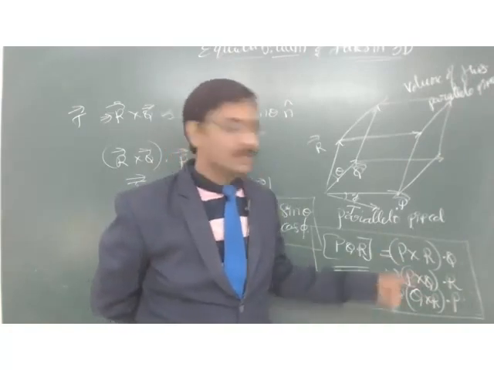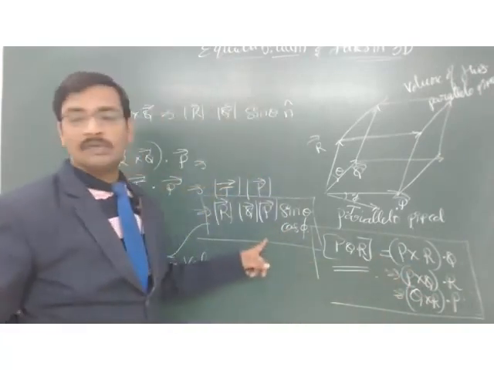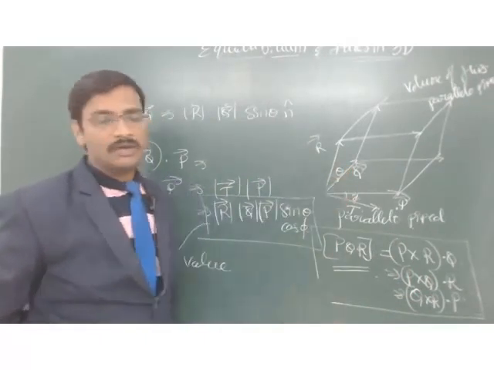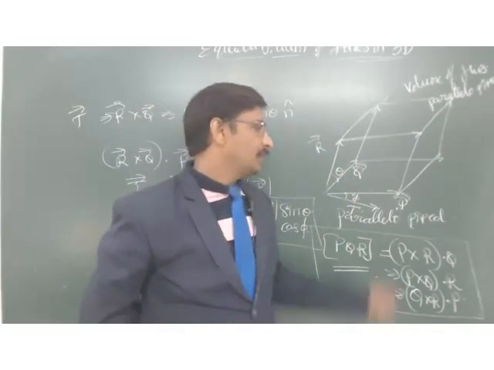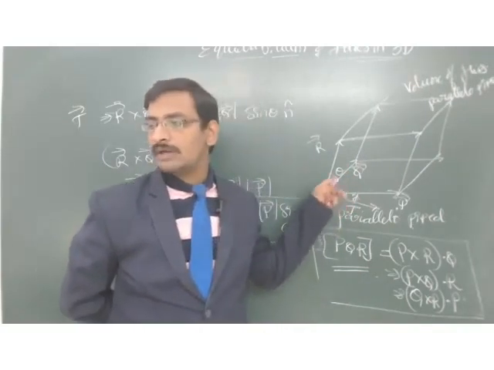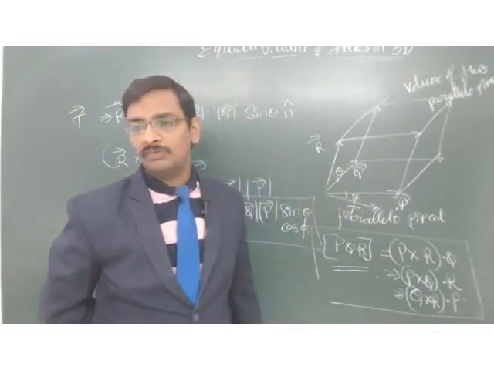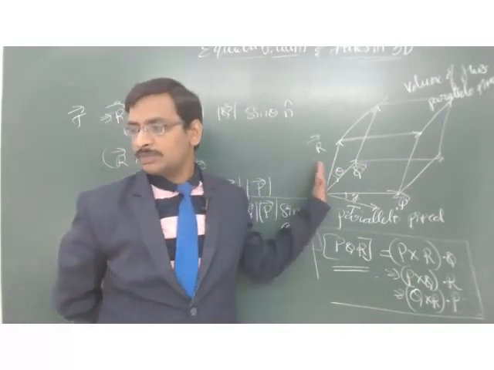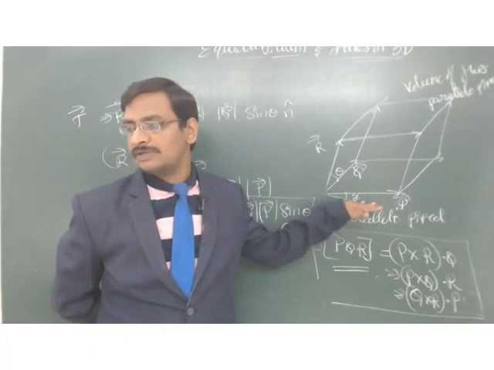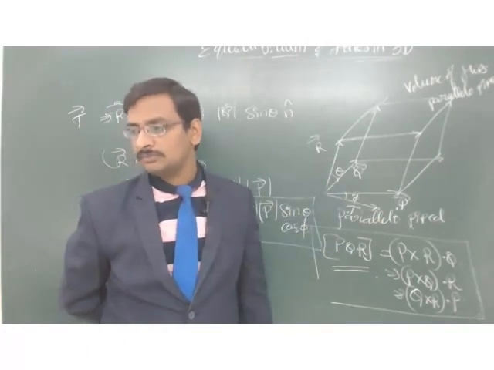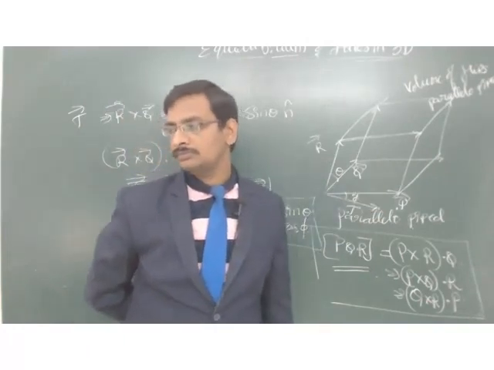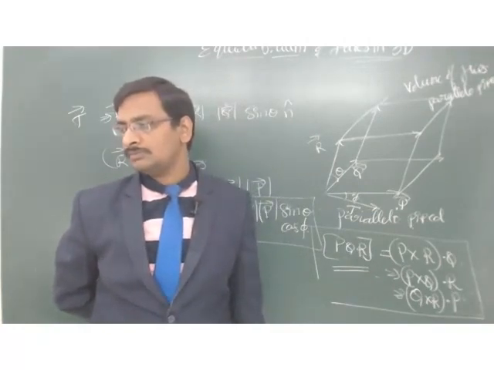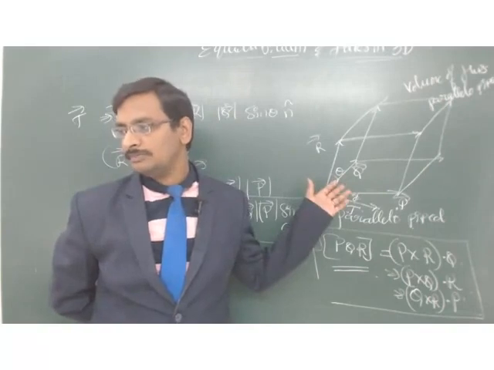And if you notice, the result is again a scalar value, which is nothing but the volume of this parallelepiped, right? Now a fundamental question: if any two of these vectors are parallel to each other, then what would be the volume? If I take this vector onto this surface itself, then what will be the value?